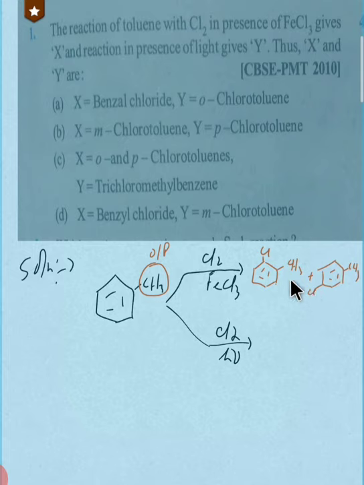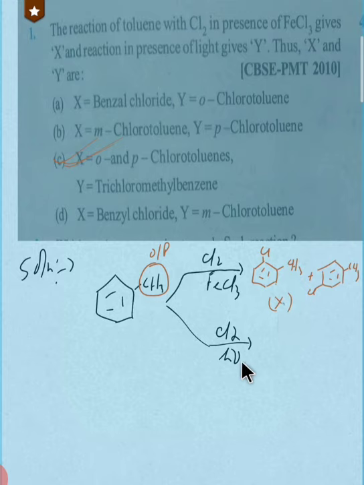So X must be ortho para chlorotoluene. This is correct, right? X is correct because this is the correct option. But I'm writing Y also.